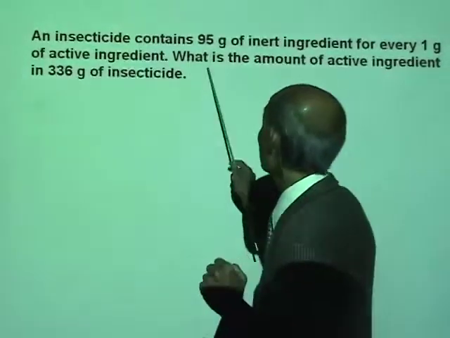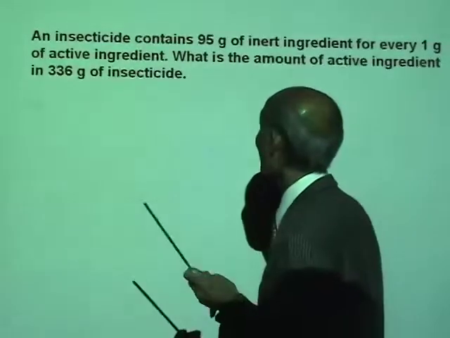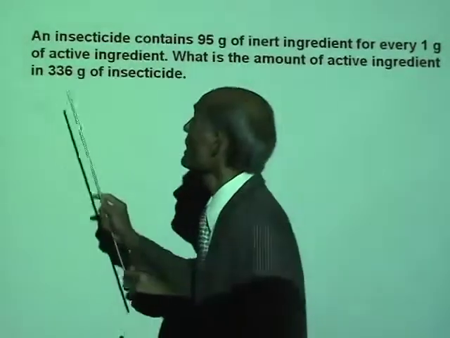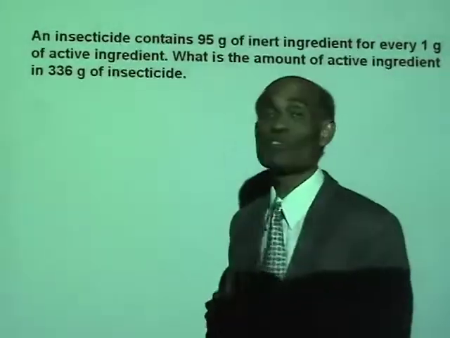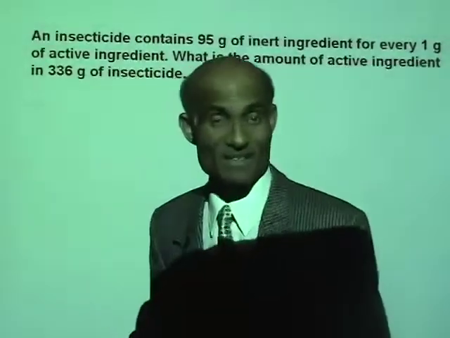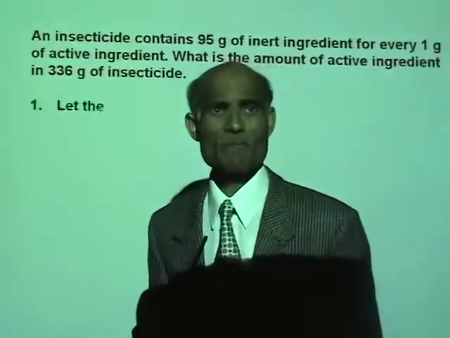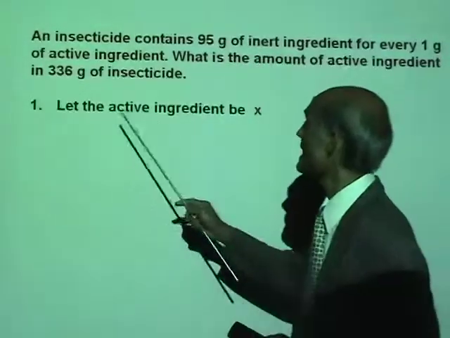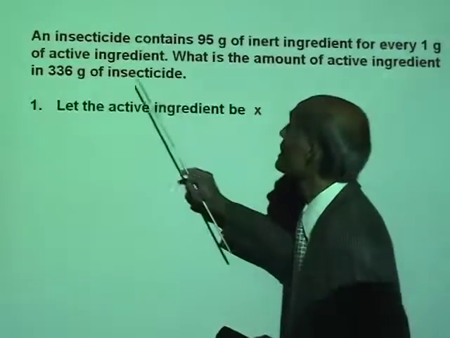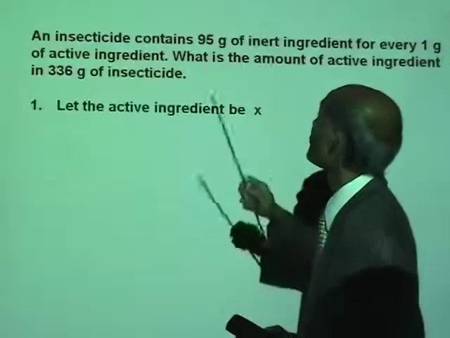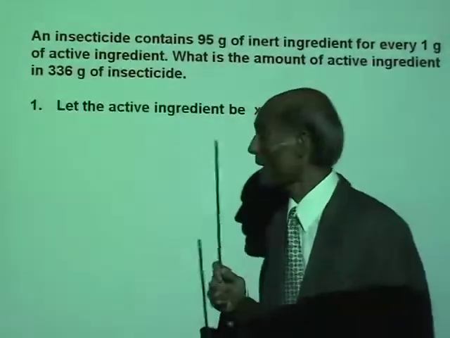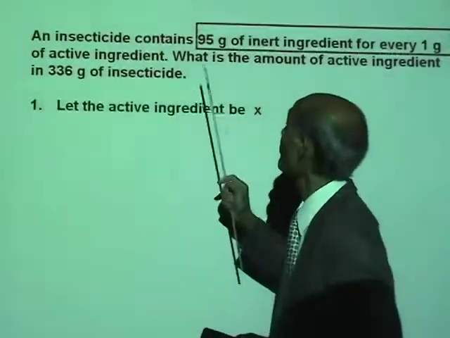Yes. Now the question is, what is the amount of active ingredient in 336 grams of insecticide? Is that difficult? Well, let's start by saying that let the active ingredient in this insecticide be X. Alright, now how is the X now related?